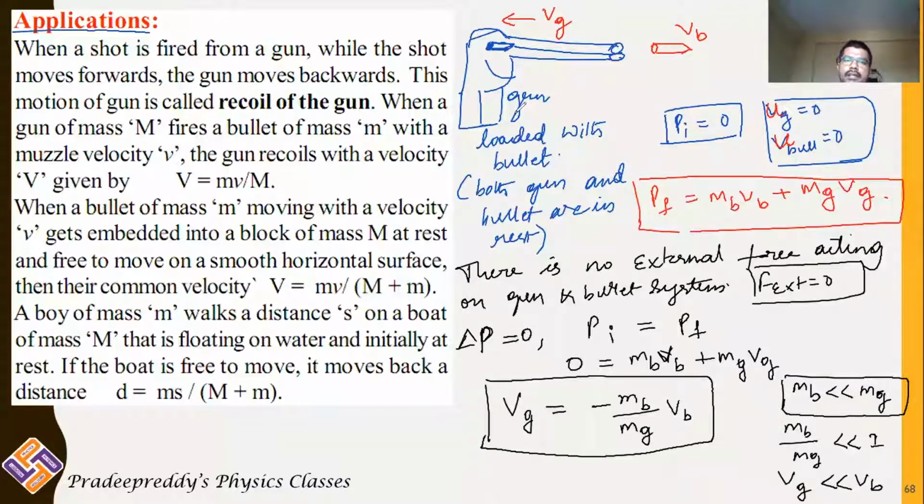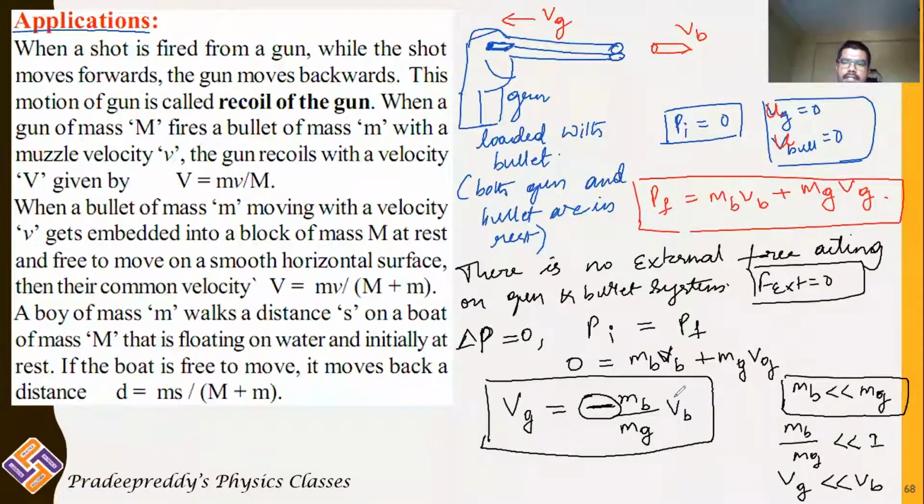So clearly it is being noted that when there is no external force on this system, the gun will possess very small velocity, which is equal to mb by mg into Vb, and that has a negative sign. And what does this negative sign represent?